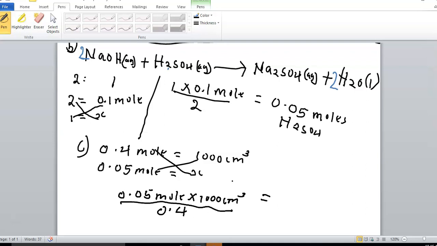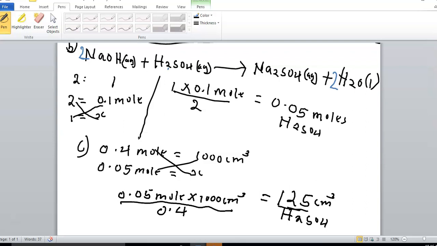So let us do that simple calculation. 0.05 multiplied by 1000 is 50, and 50 divided by 0.4, we get 125. So the volume is 125 centimeter cubed. This is the volume of the sulfuric acid used to neutralize 20 centimeter cubed of sodium hydroxide.